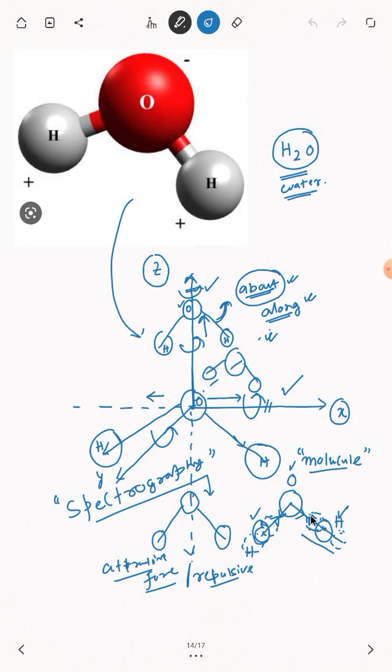Vibration just happens by keeping this one fixed and between these two, also between these two. So vibration along this axis and this axis are possible.